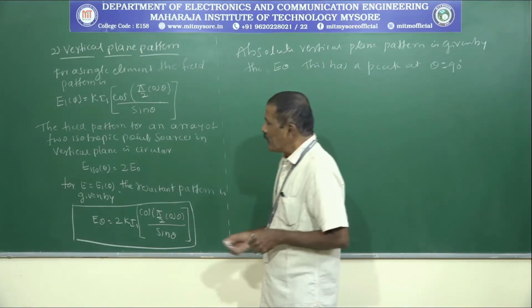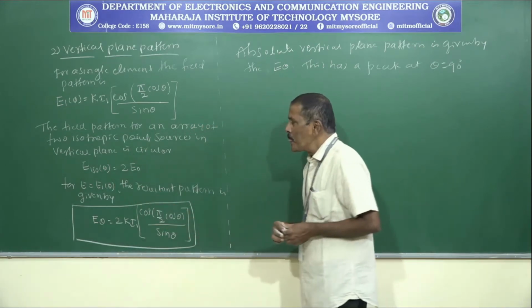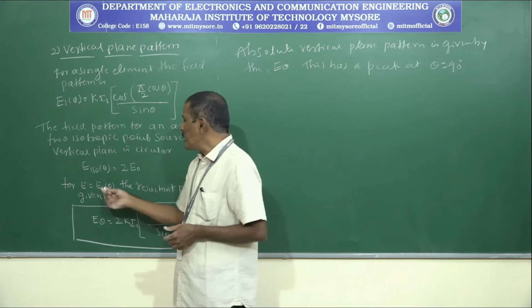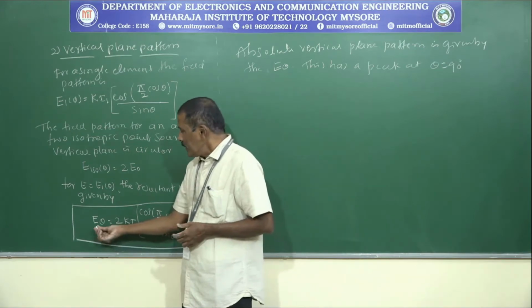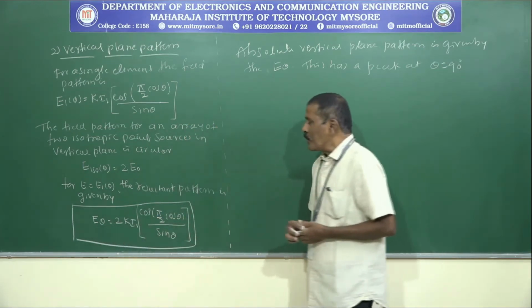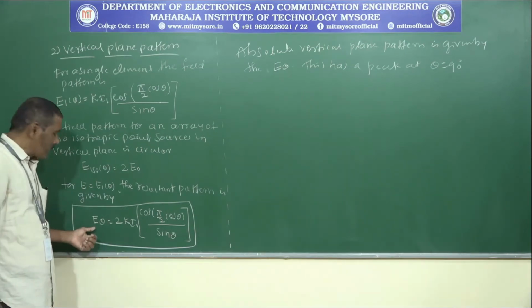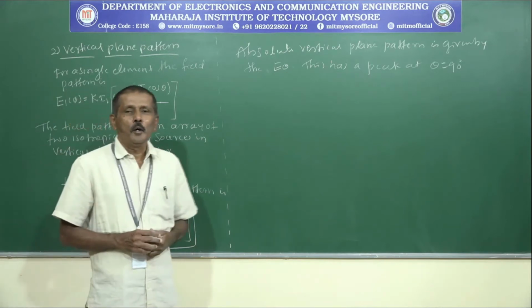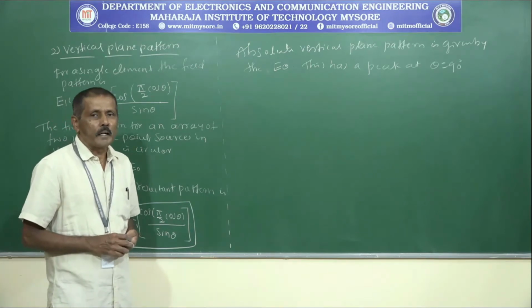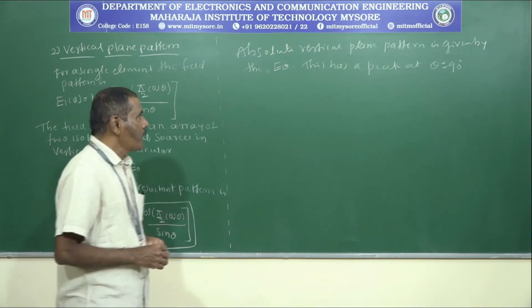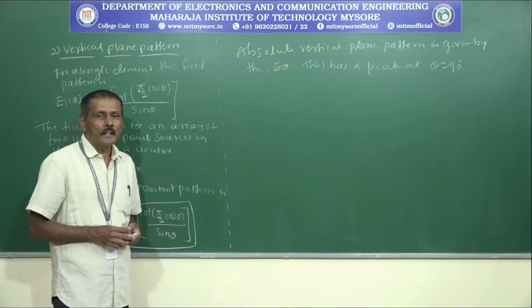Therefore E_ISO of theta is equal to 2E0, and with E0 equal to E1 of theta, the resultant pattern is given by E of theta equal to 2K I1 into cos of pi by 2 cos theta divided by sin theta. E of theta is used to calculate the absolute vertical plane pattern, and this has a maximum value when theta equals 90 degrees.